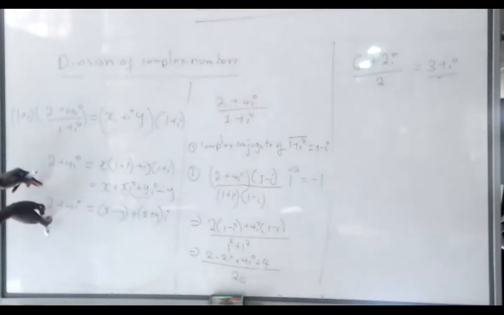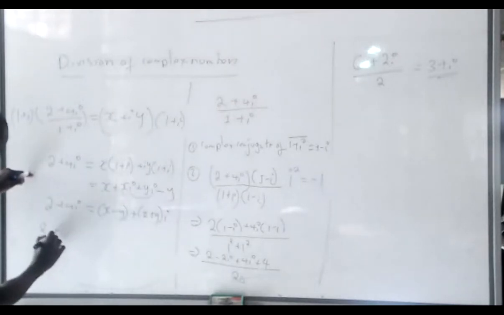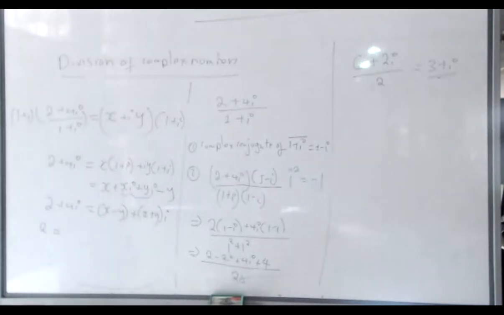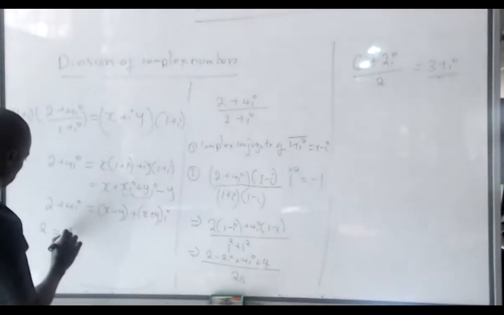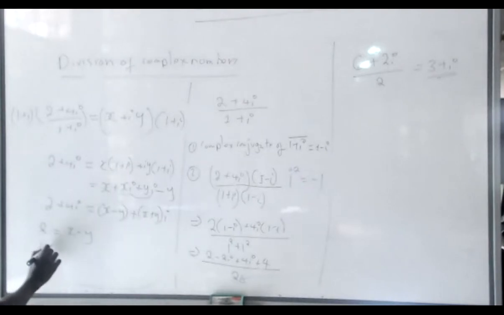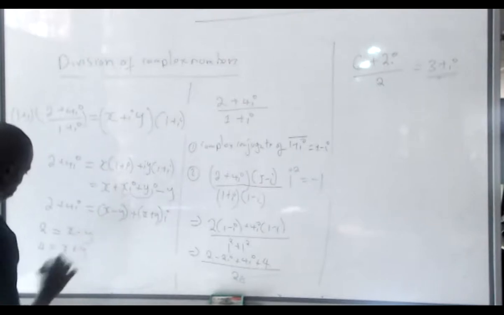The real part of this side is 2. What is the real part of the right-hand side? x minus y. Similarly, the imaginary part of this side is 4, and the imaginary part of the other side is x plus y.